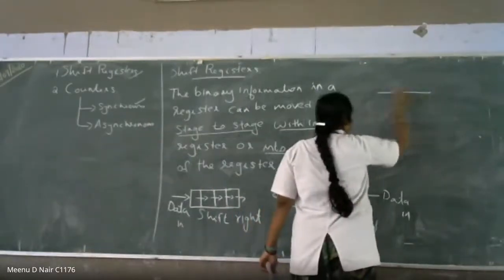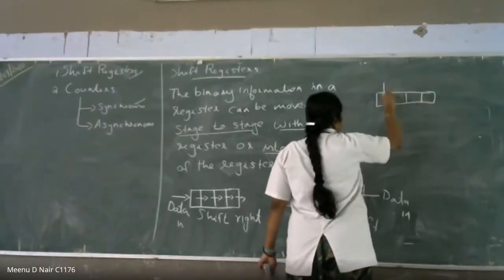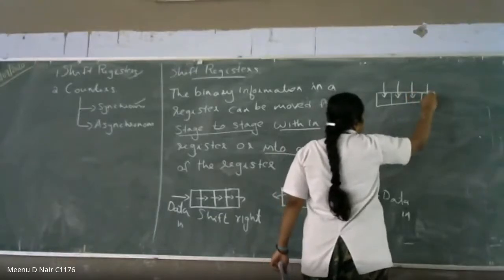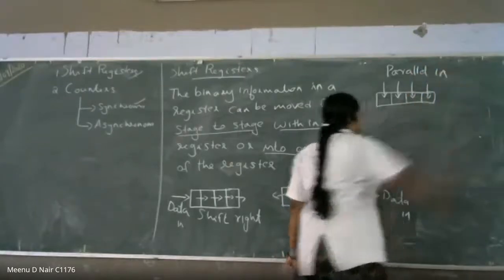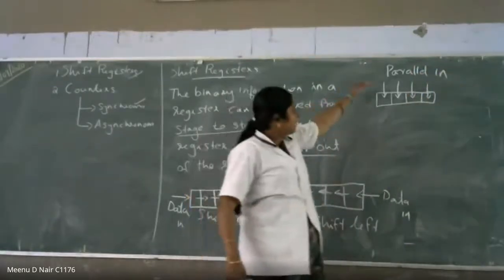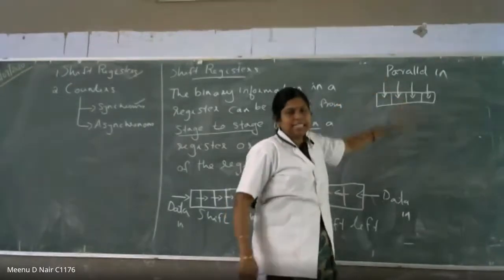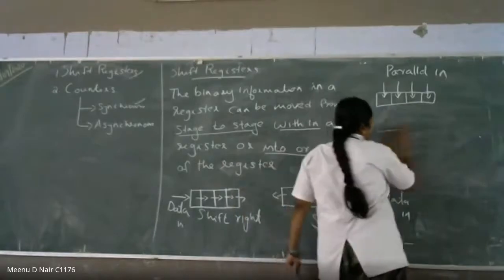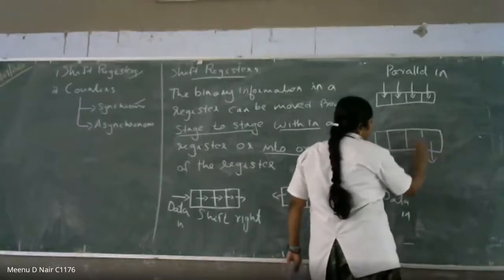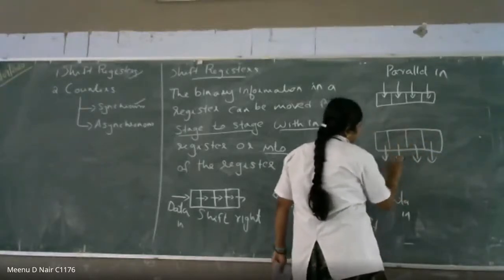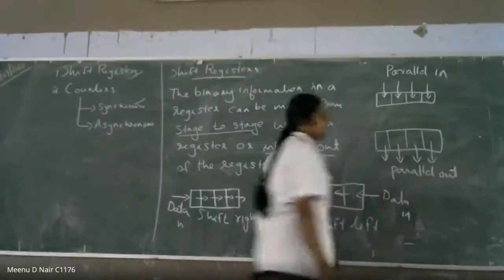And next one is parallel in. You are giving the data parallelly; at the same time you are supplying the data to the cells or flip-flops. Then the fourth case is where you are taking the data: parallel out.